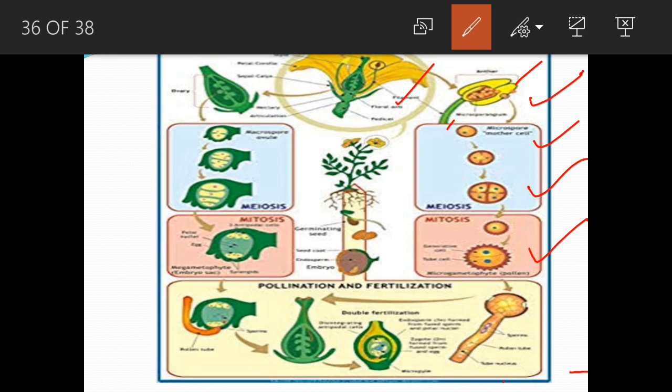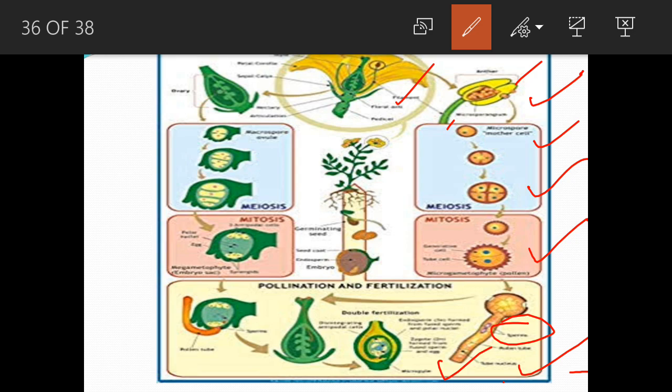Then there will be formation of the pollen tube, and the tube nucleus as well as the generative nucleus will pass in the pollen tube. The generative nucleus will form the 2 male gametes, and this is the male gametophyte.